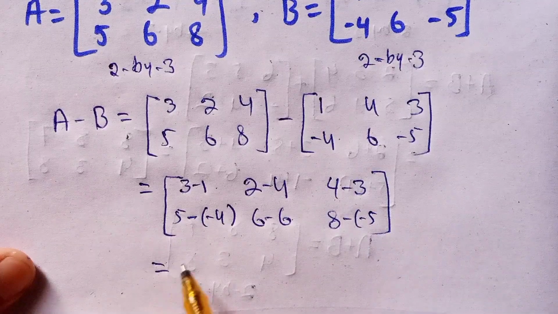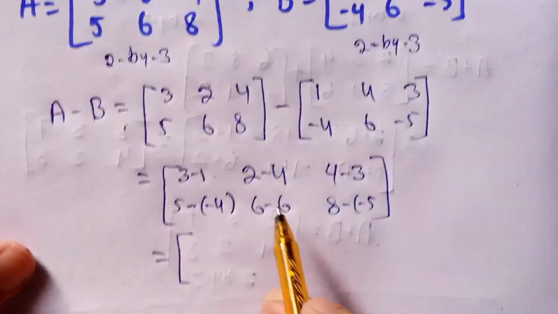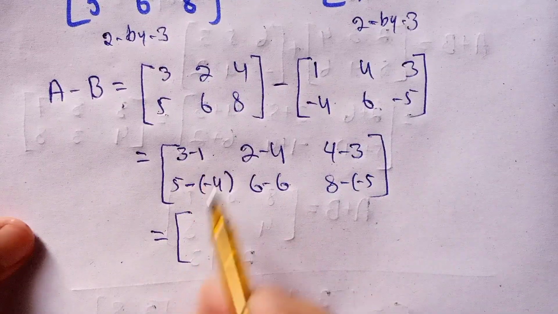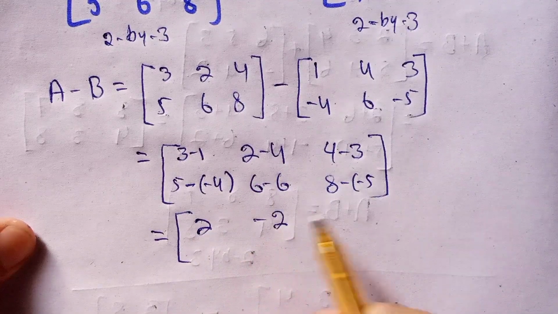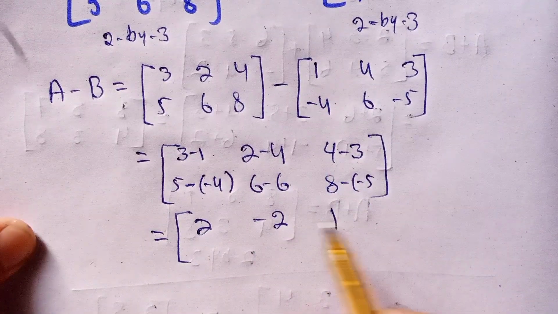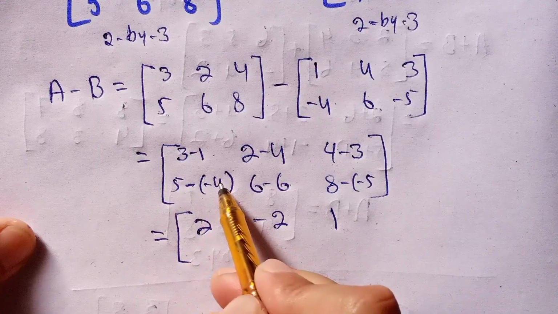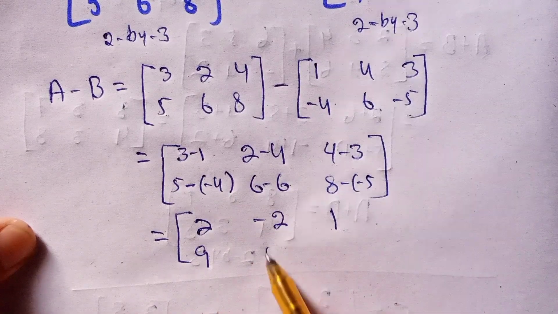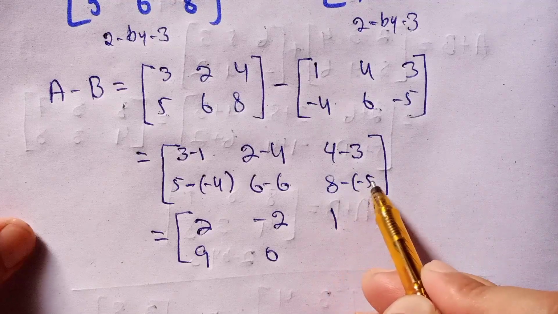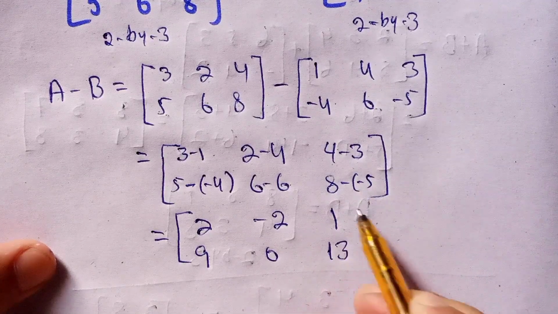Alright, so we have 3 minus 1 is 2, 2 minus 4 is negative 2, 4 minus 3 is 1, 5 minus negative 4 is 9. Right, 6 minus 6 is 0, 8 minus negative 5 is 13.